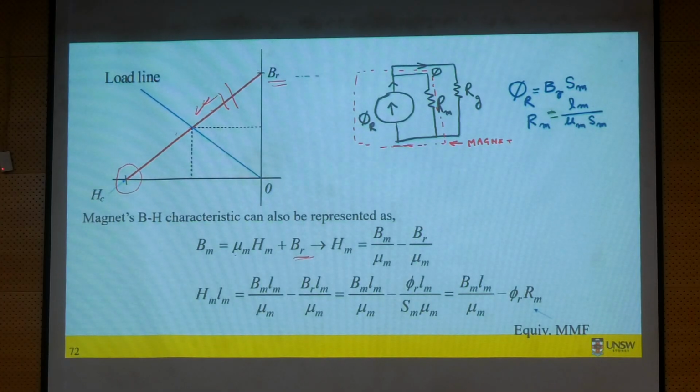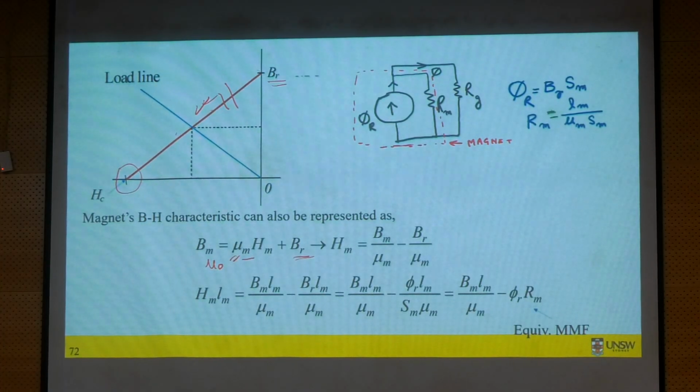So mu m is equal to mu naught, same as air, okay. So that's your slope times your H. So we can represent this straight line by a simple straight line equation, okay.